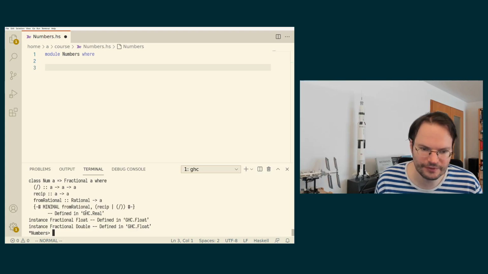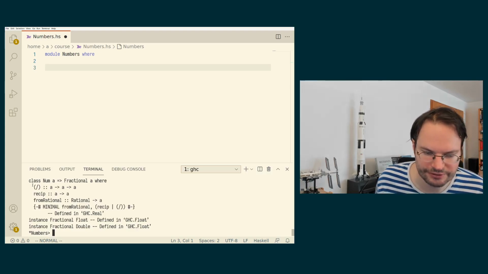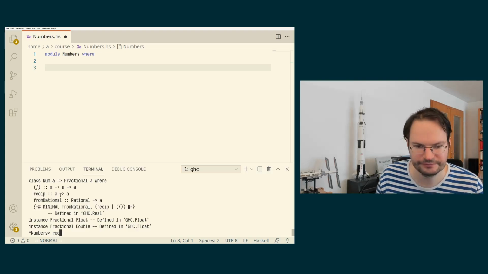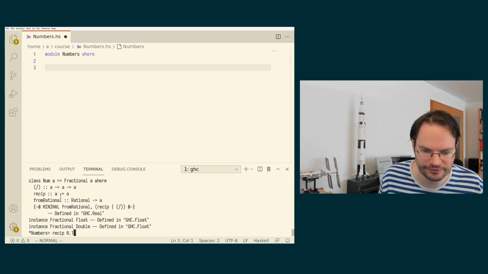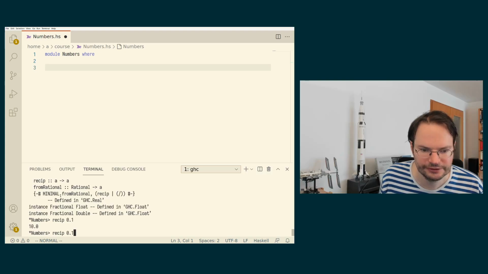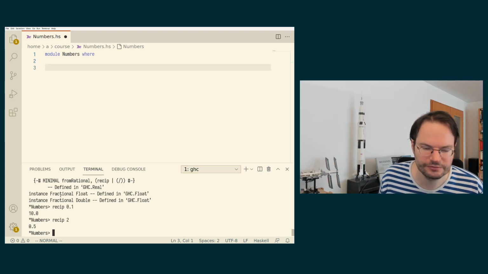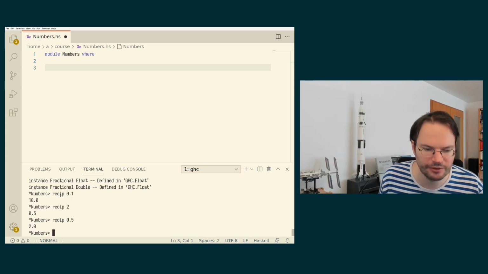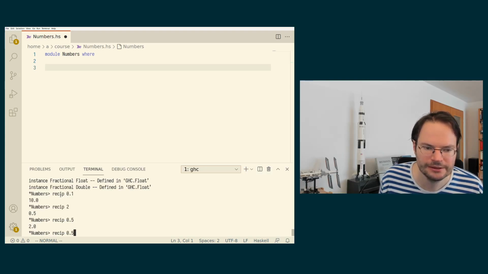So the division operator is, well, as you would think, and then there is this recip function, which basically computes the 1 divided by version. So 1 divided by 2 is 0.5, 1 divided by 0.5 is 2.0.